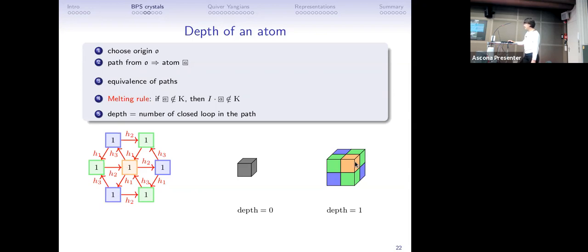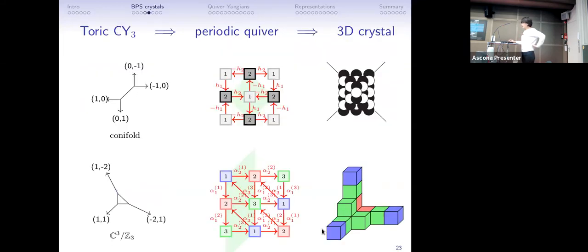So this one, when you project, you have the same position, same coordinate on your periodic quiver, but they correspond to different atoms in the crystal because they have different depths. So this is all old story from before.